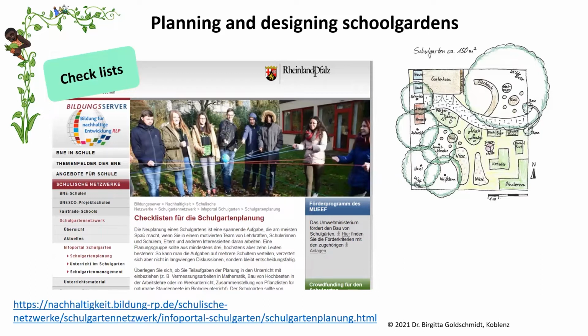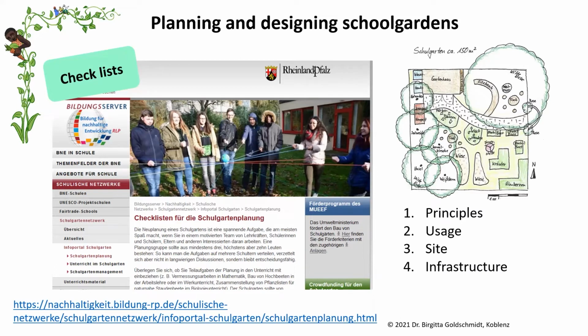Well, I don't have enough time to go through all the checklists that we have published here, in German on this site. I will just tell you about the several checklists which we have published. We talked about principles in school garden planning. You have to consider how you want to use the school garden and who wants to use it. Of course, you have to consider the site conditions like soil and slope and shadow and so on.